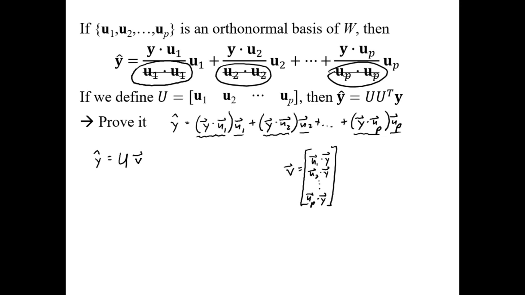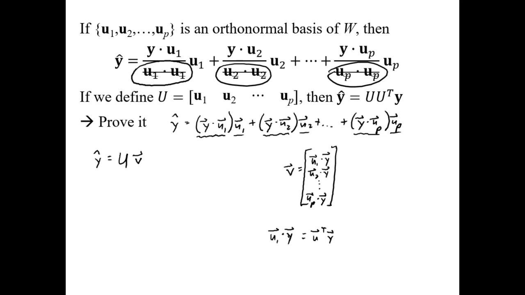Okay. Now the question becomes, what is V? Let's remember that U1 dot y, this is how we define the dot product, but another way that we wrote that was as U1 transpose times y.